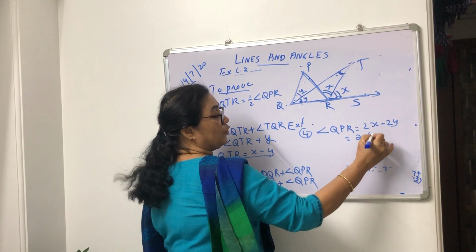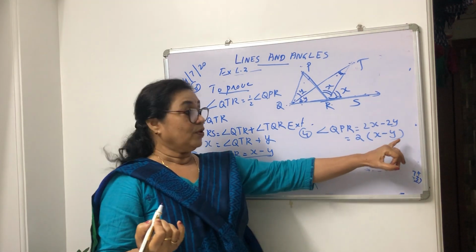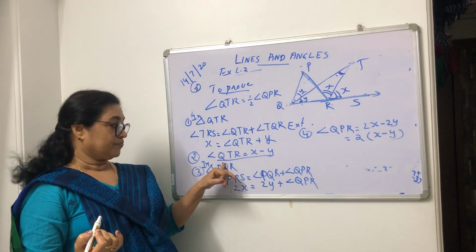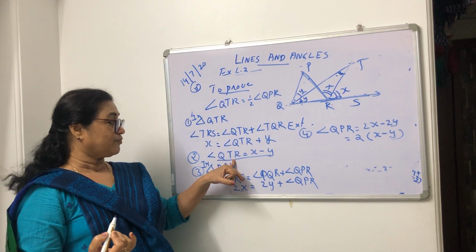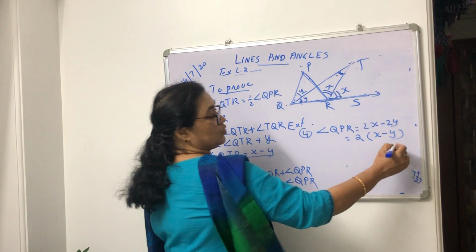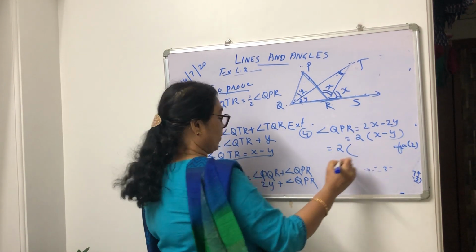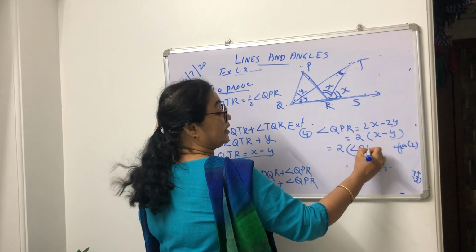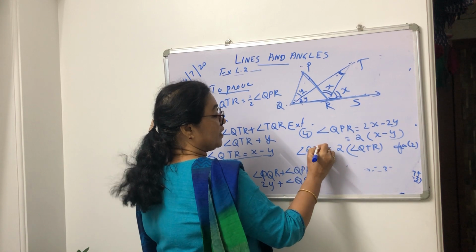That is 2 into x minus y. What is x minus y? It is angle QTR. This is from 2. So 2 into x minus y is equal to angle QTR. That is equal to angle QPR.